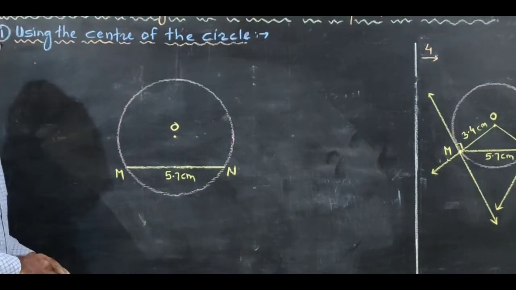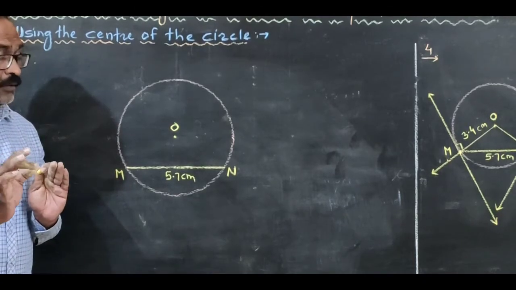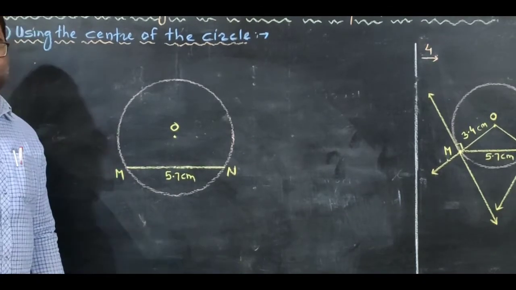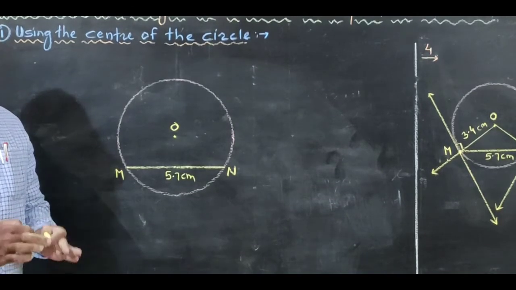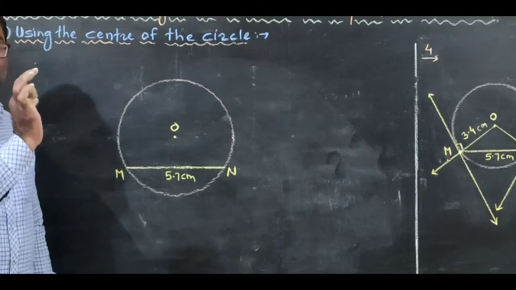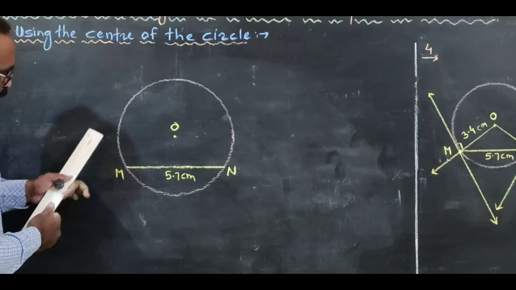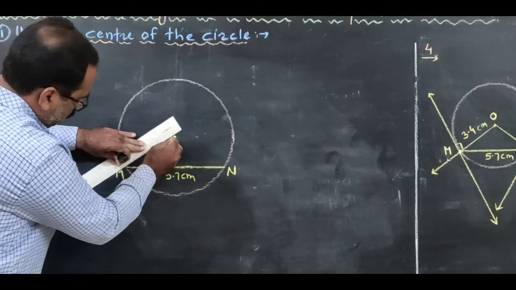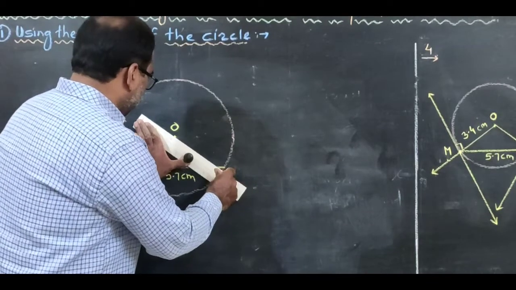Now we know that the perpendicular at the exterior point of the radius of the circle is the tangent to the circle. So here we first draw the radius. We draw this radius also.